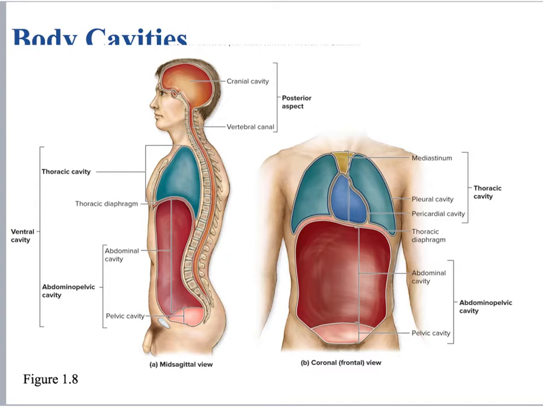We don't want the heart beating and causing friction and rubbing up against the lungs. So all of the organs are separated by certain membranes. In the abdominal pelvic cavity, that serous membrane is called peritoneum.